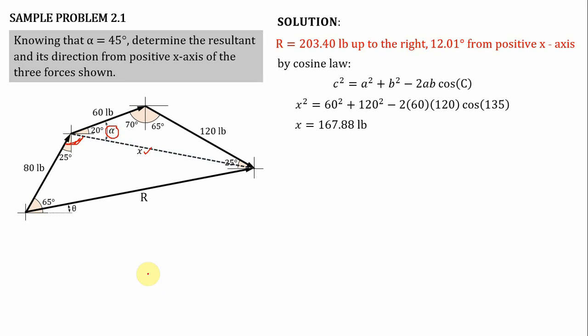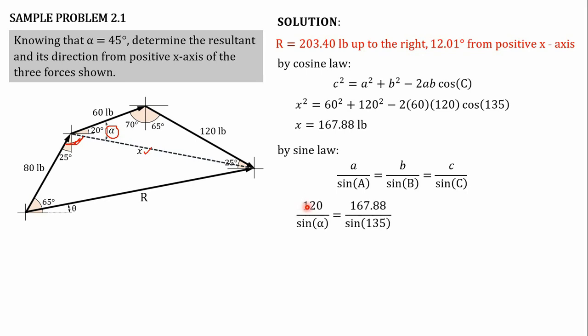How do we get alpha? By the sine law, we will use the sine law. The formula is A divided by sine A is equal to B divided by sine B is equal to C over sine C. So I can map the formula: 120 pounds, whose opposite angle is alpha, so 120 divided by sine alpha, is equal to, using x since the opposite angle of x is given, 167.88 divided by sine 135 degrees.